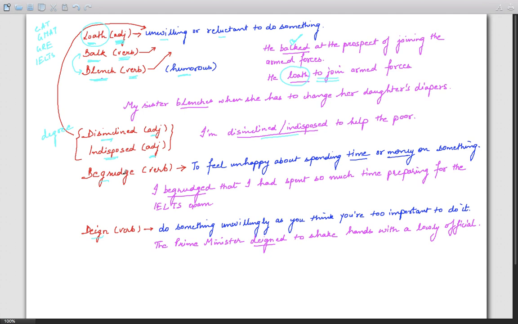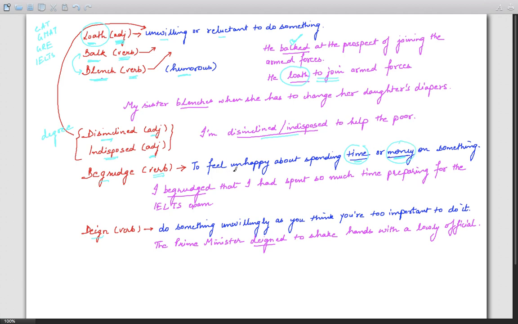Now the next word is begrudge. Begrudge is very different from these words, but it is somewhat similar, so that's why I put it here. It's basically an action form. It's a verb, to feel unhappy about spending, particularly time and money. Remember, begrudge is used in the context of time and money.